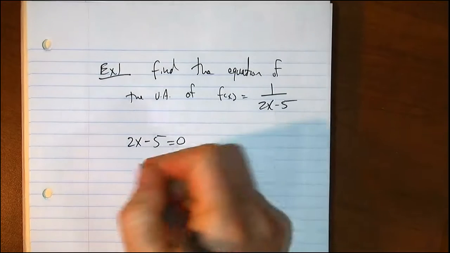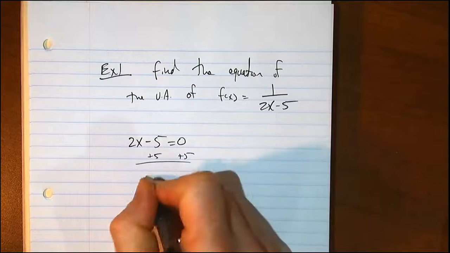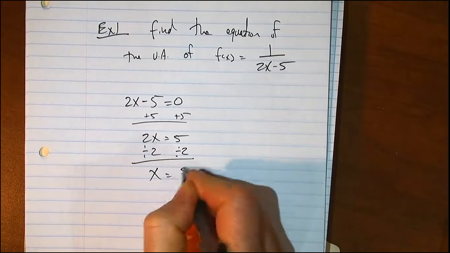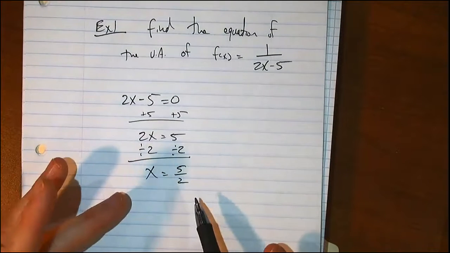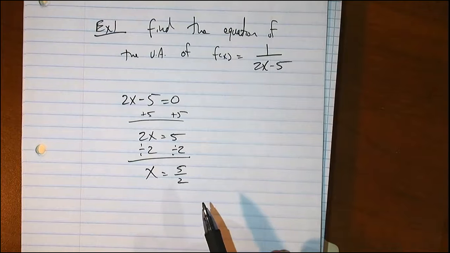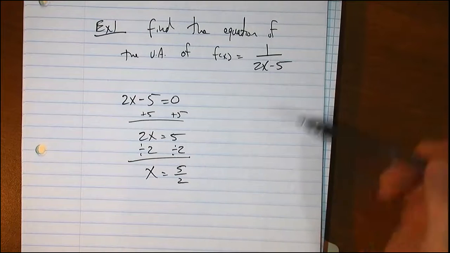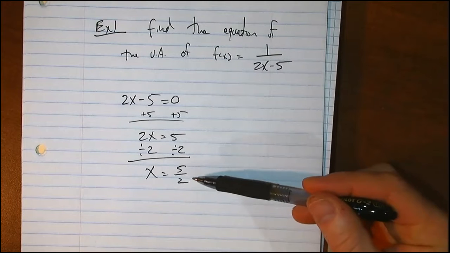All right, so in this case, I'm going to solve. So I'll add 5 to both sides, and I'll divide both sides by 2, and I get 5 halves. Now, yesterday, what we said was that number tells me the exceptions to my domain. So yesterday, we would have said that the domain of function f is all the real numbers except for 5 halves.